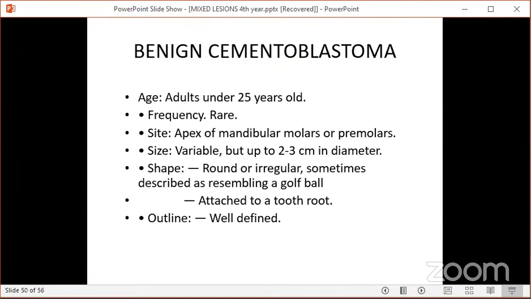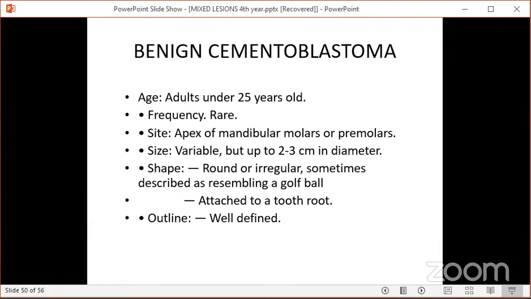Okay, so now the last lesion is a benign cementoblastoma. This one will occur in adults under 25 years old, and it's rare. We haven't seen it much in our setup.